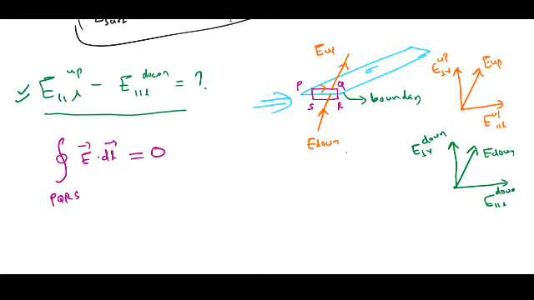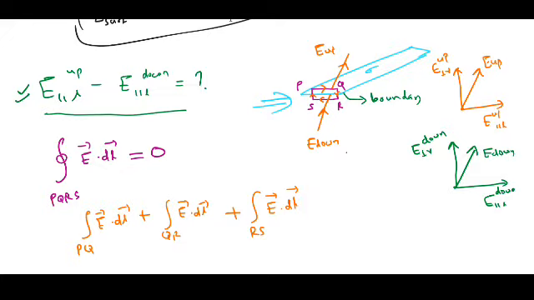The integral we have to split into integral P to Q E dot dl plus integral Q to R E dot dl, then R to S, plus integral RS E dot dl plus integral SP E dot dl is equal to 0.